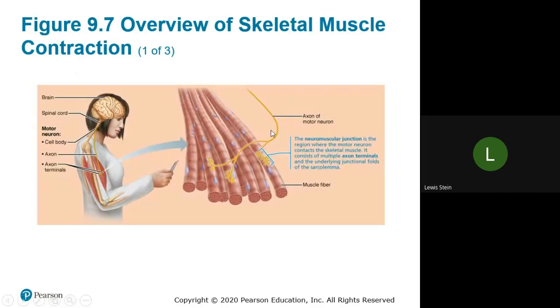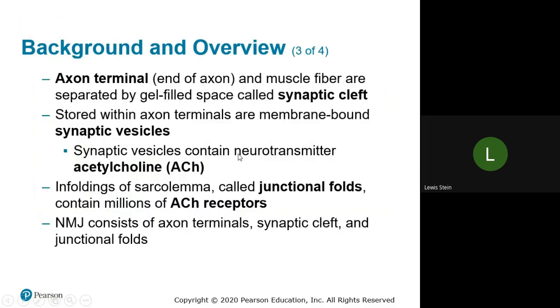Here you have the neuromuscular junction, where the motor neuron contacts the skeletal muscle. Again, contact, but not in a direct sense. Multiple axon terminals contact what they call junctional folds. You're going to see there's a lot of surface area, and from a micrograph it looks very much like this.